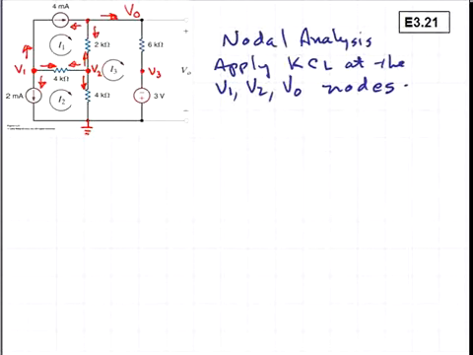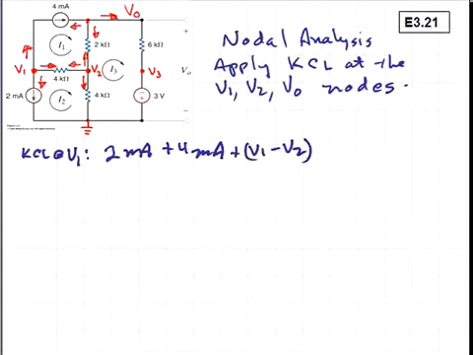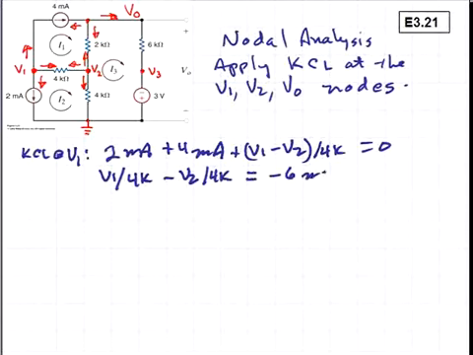So we'll begin with the KCL equation at the node V1, and we have 2 milliamps plus 4 milliamps plus V1 minus V2 divided by 4K is equal to 0, or V1 divided by 4K minus V2 divided by 4K is equal to minus 6 milliamps.